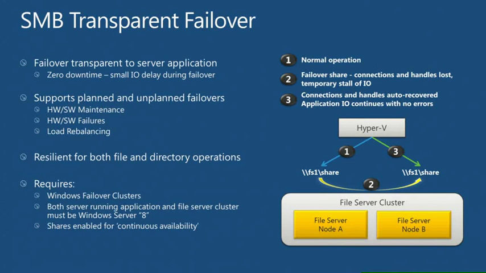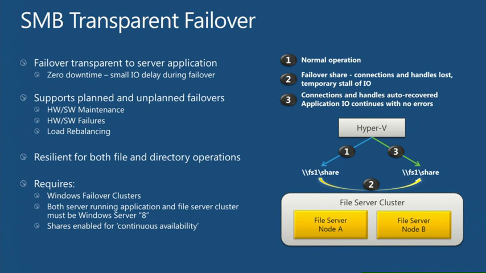Let's start by talking about transparent failover. So the concept is fairly simple. If you have a cluster and you have multiple nodes, you are talking to one of the nodes in the cluster. Now, if that node fails, in previous releases, we would bring that share on another node, but whoever was talking to that node would get disrupted.